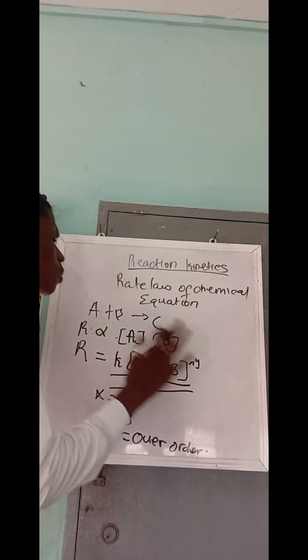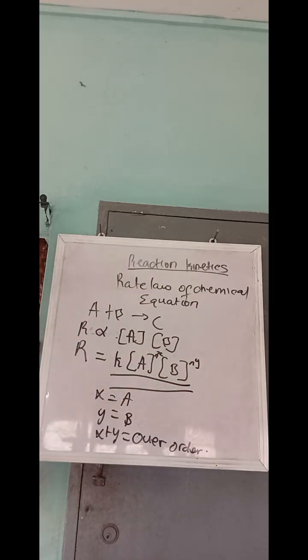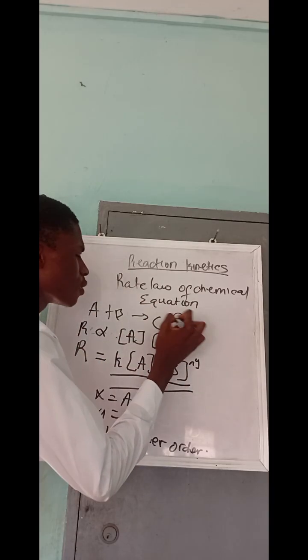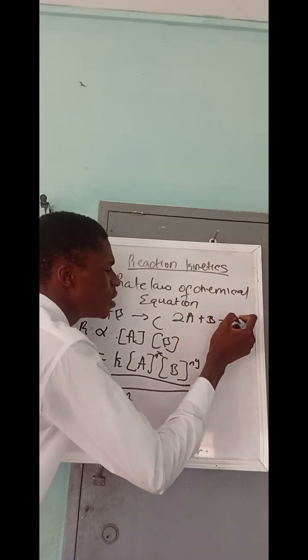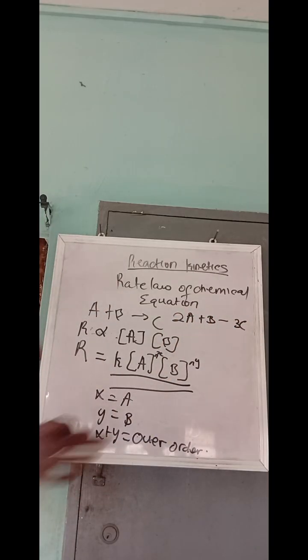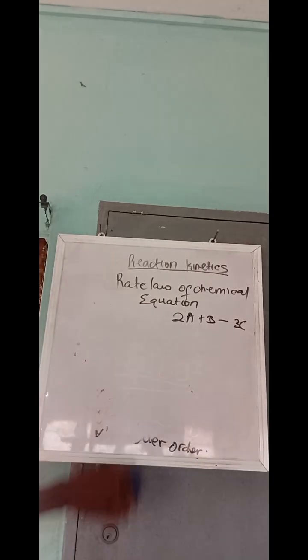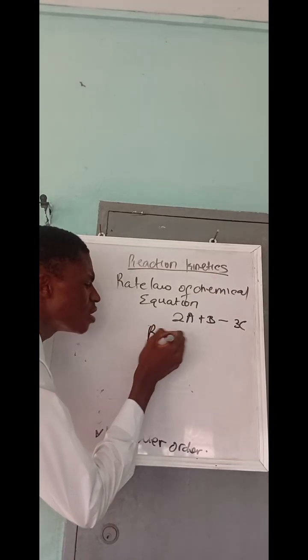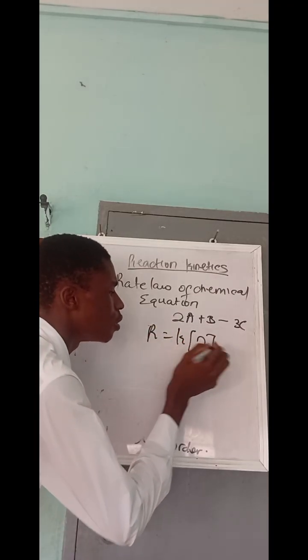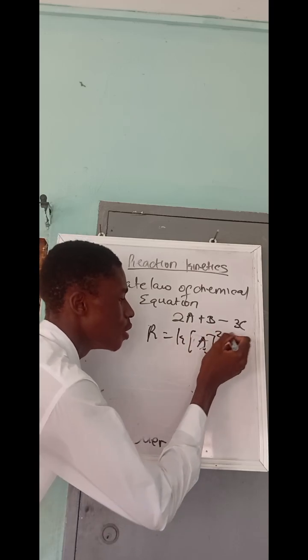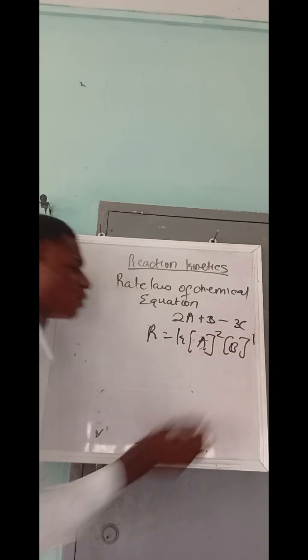So please, no matter the equation you are given, if you are asked to write the rate law, note what exactly you are writing, because this X and Y can also be equal to the number of moles in front of each reactant. Let me write a hypothetical equation: 2A plus B to give 3C. If they ask what the rate law of this reaction is, I can say R is equal to K, concentration of A raised to power 2, then B raised to power 1.